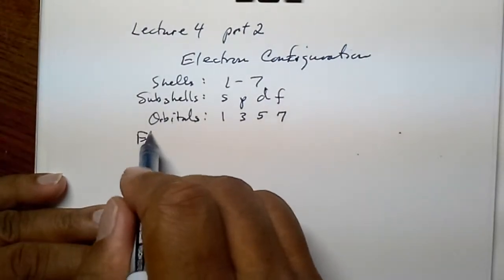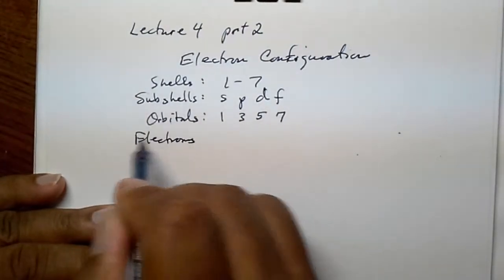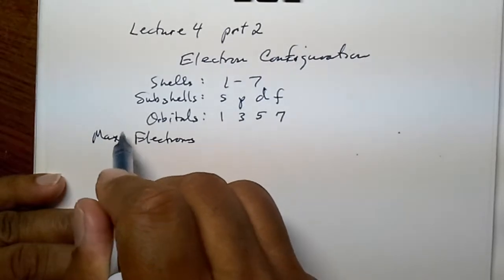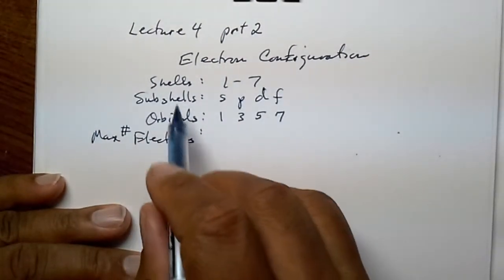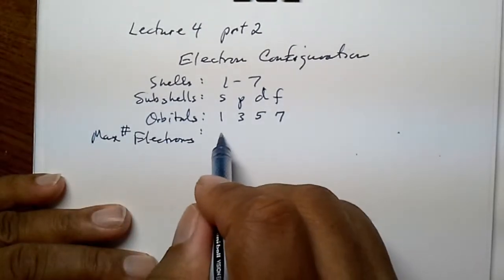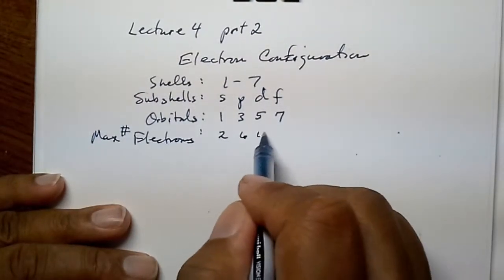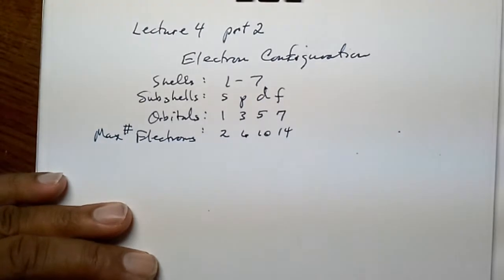And of course the electrons, and this is the maximum number of electrons that can exist in those orbitals of those subshells, is 2, 6, 10, and 14.